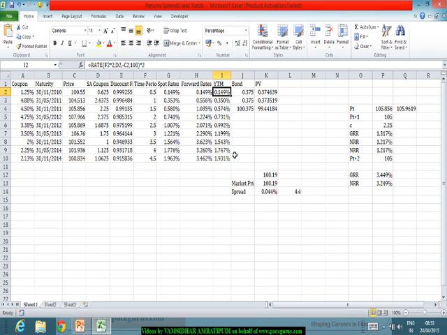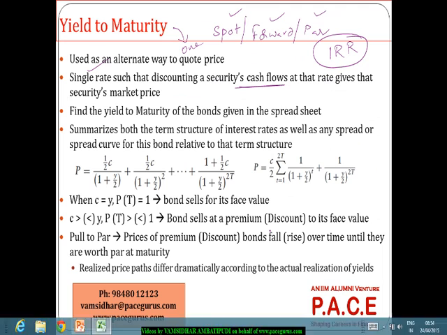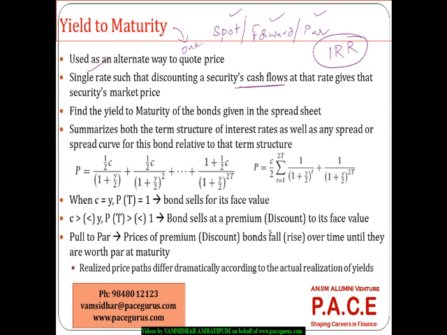So the yield to maturity, if I am holding this particular bond until the maturity date, the annualized yield for me is going to be around 0.35%, 0.574%, 0.731%, which I could see is slightly lesser compared to the spot rates. 1.543%, 1.747%. It's slightly lesser than the spot rates. But this is one single representative of the entire cash flows.